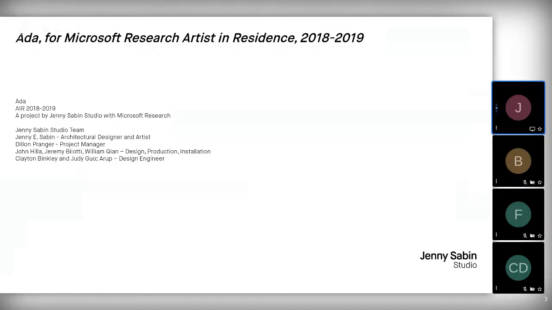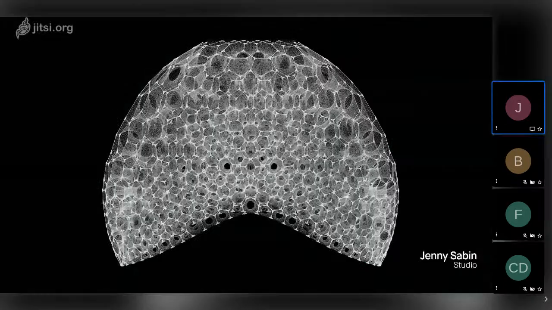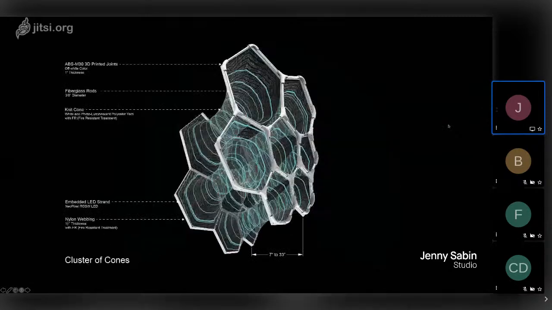After Ada Lovelace, I was invited to participate as an artist and designer in residence at Microsoft Research between 2018 and 2019. And so working with researchers and engineers at Microsoft Research, ADA is driven by individual and collective sentiment data collected and housed within the Microsoft Research Building 99 on their home campus in Redmond, Washington State.